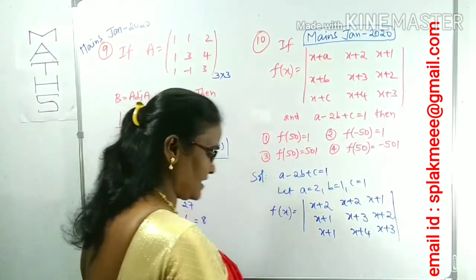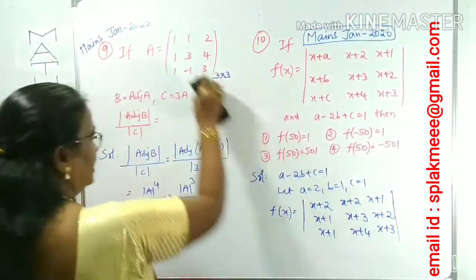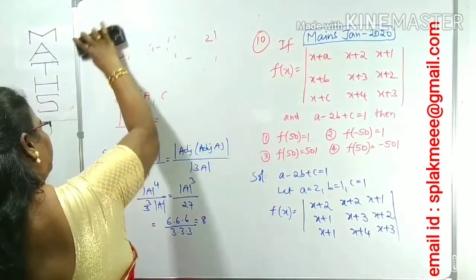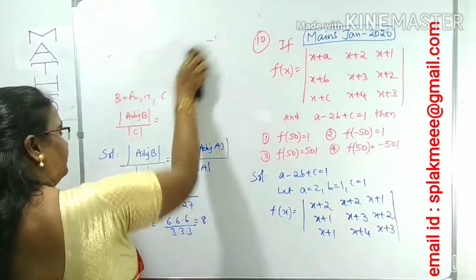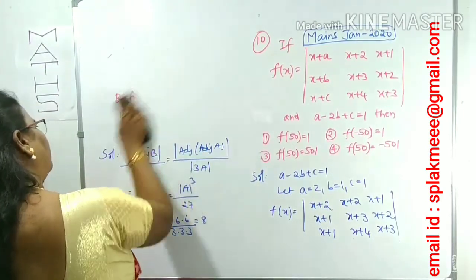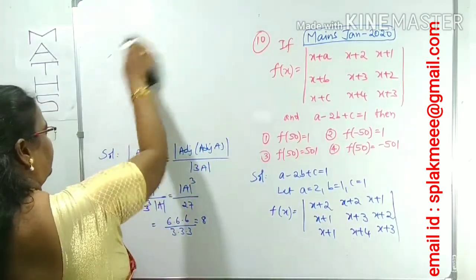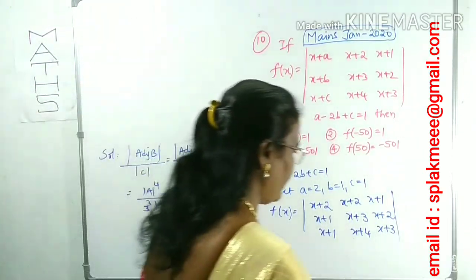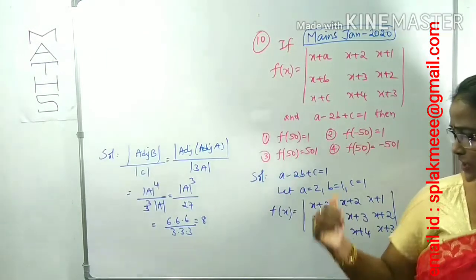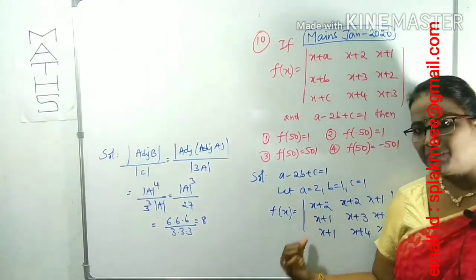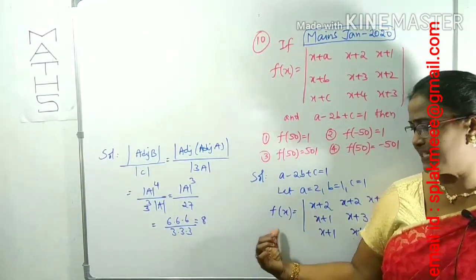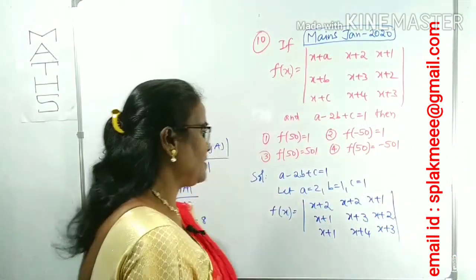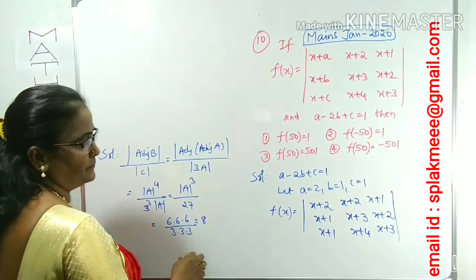To find this determinant, what can you do? You see what you got here? You got the determinant in this form. So from this we can simplify the f of x determinant. Use elementary transformations.